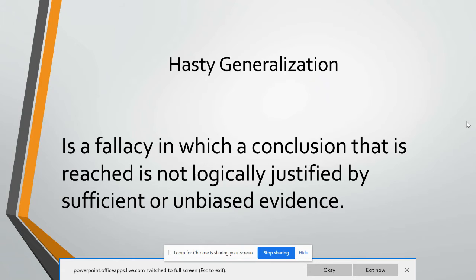So hasty generalization. This is a fallacy in which a conclusion that is reached is not logically justified by sufficient or unbiased evidence. This is really prevalent in psychology. So you need a big focus group for your study, right? So if you have a group of 50 people and 3 of them are afraid of clowns because they went to a circus as a child, but the rest of the people went to the circus as a child, and then you say, okay, just because these people are afraid of clowns, it has to be because they went to a circus.